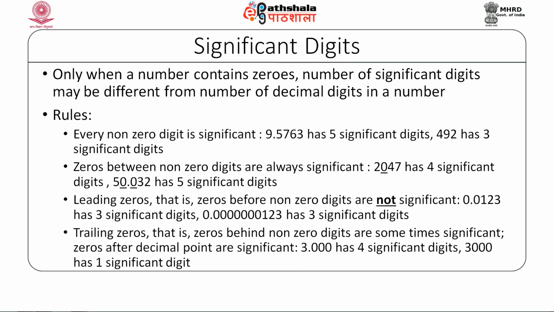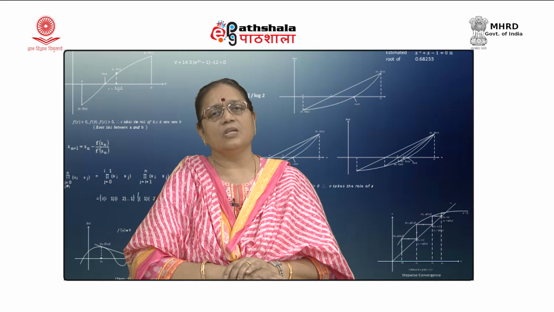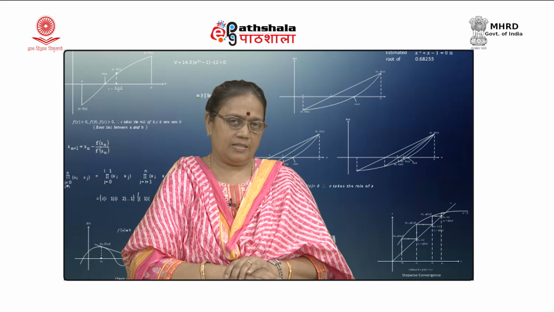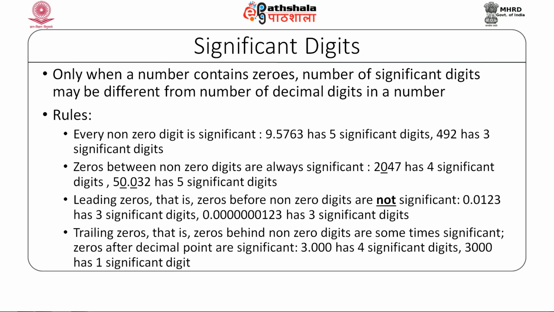Every non-zero digit is significant, we have to keep in mind. A 0 may be significant or may not be significant, so we need to find out when a 0 is a significant digit and when it is not. What we have learned so far is that a 0 between non-zero digits is a significant digit.